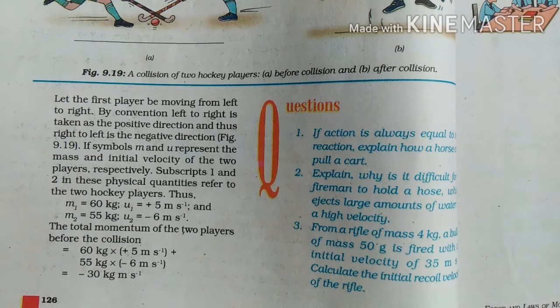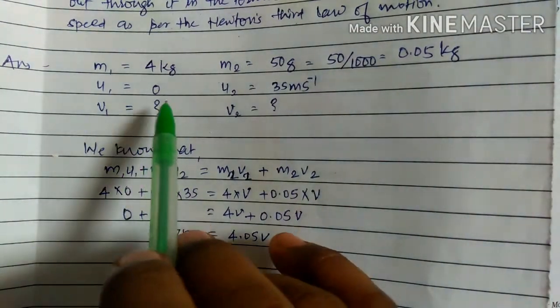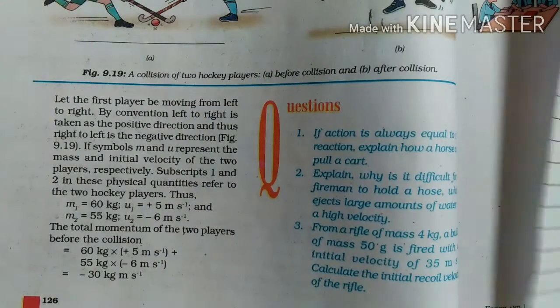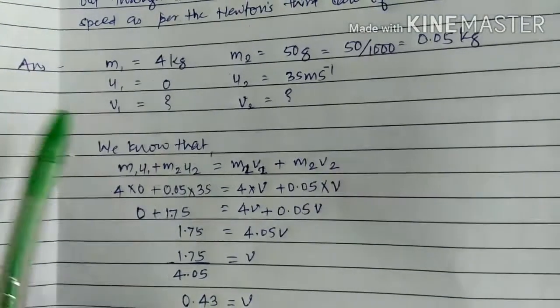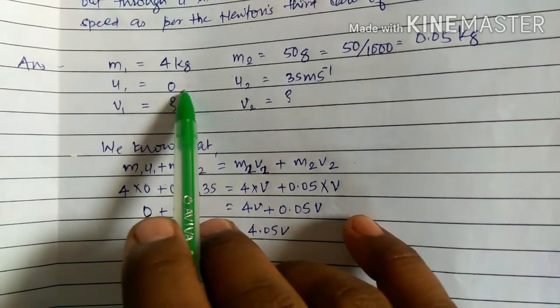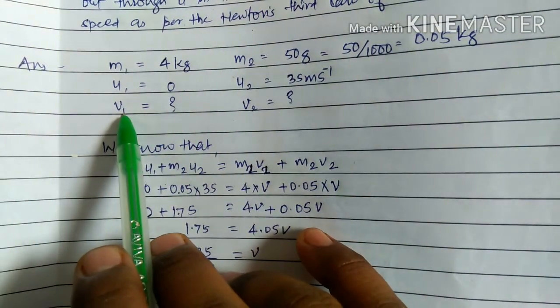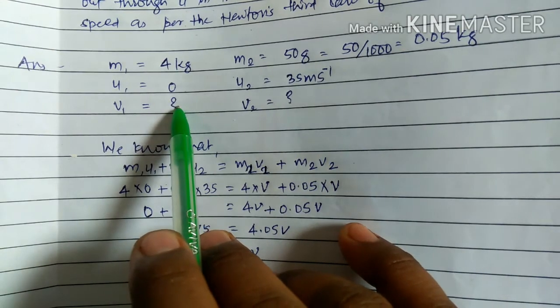This answer you have to solve in the same way as we have solved in example number one. First you have to take m1, the mass of the rifle, that is 4 kg, initial velocity 0, and v1 we also have to calculate.